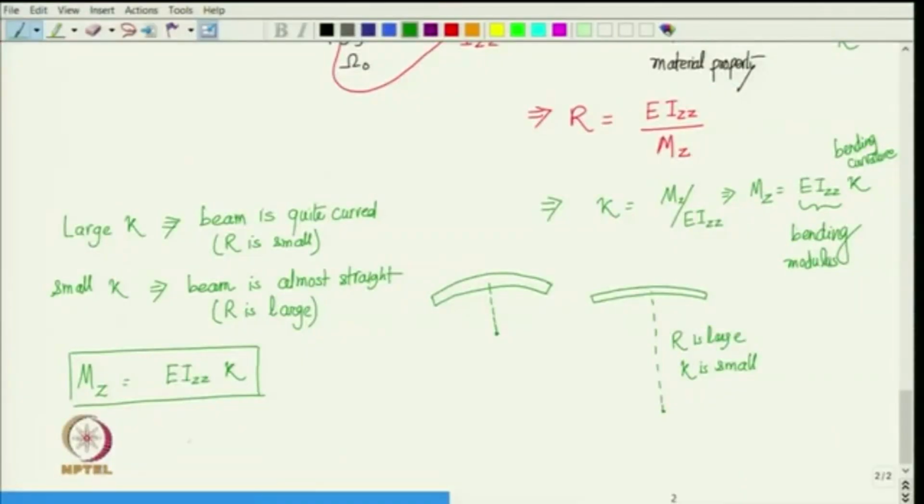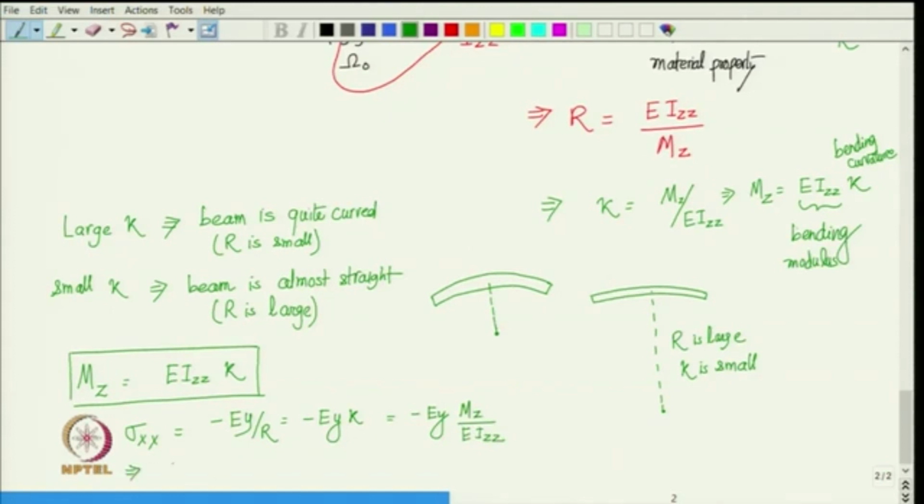Now, with this formula we can also find out what is sigma x x. Recall that sigma x x was minus E times y into curvature. It is 1 by r, but then this becomes minus E times y into curvature, and then this is minus E y into m z over E times I z z.